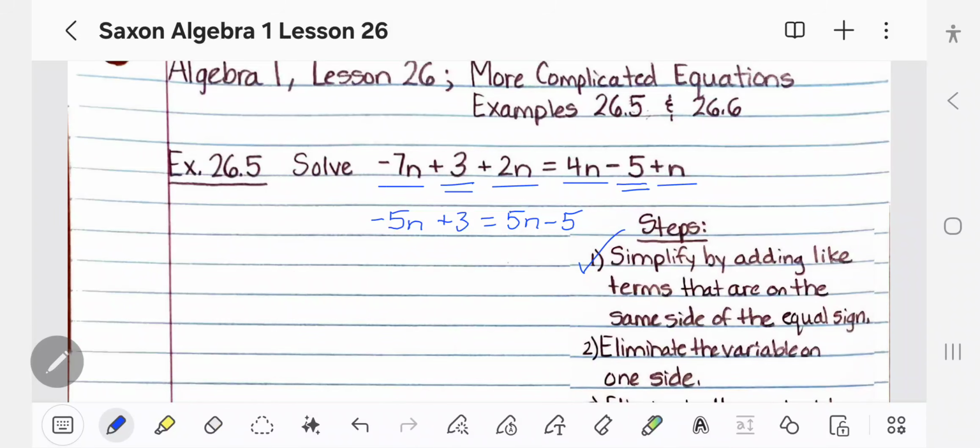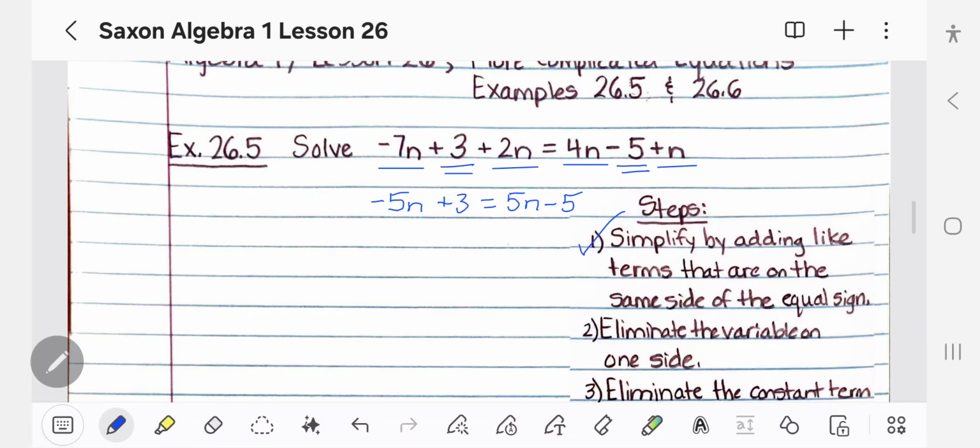Now we're going to eliminate the variable on one side. We could add 5n to both sides, or we could subtract 5n from both sides. What does the book do? They subtracted 5n from both sides, or added a negative 5n to both sides. I would probably add 5n to both sides.